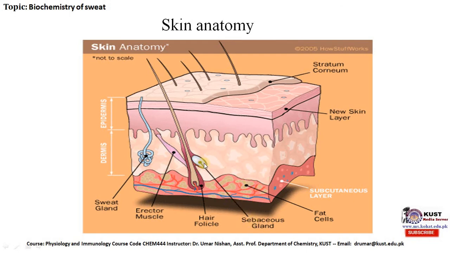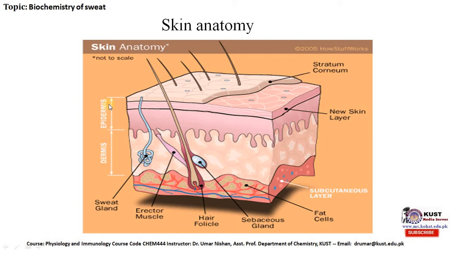One can see sebaceous gland. Here are the hair follicle. This is showing erector muscle, and here is the sweat gland. You can see here the sweat is poured in here and it is secreted through this sweat gland.